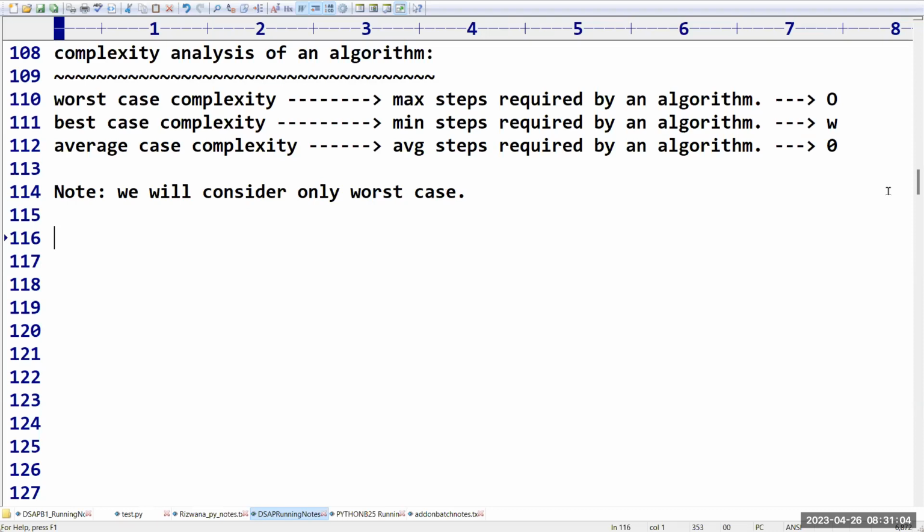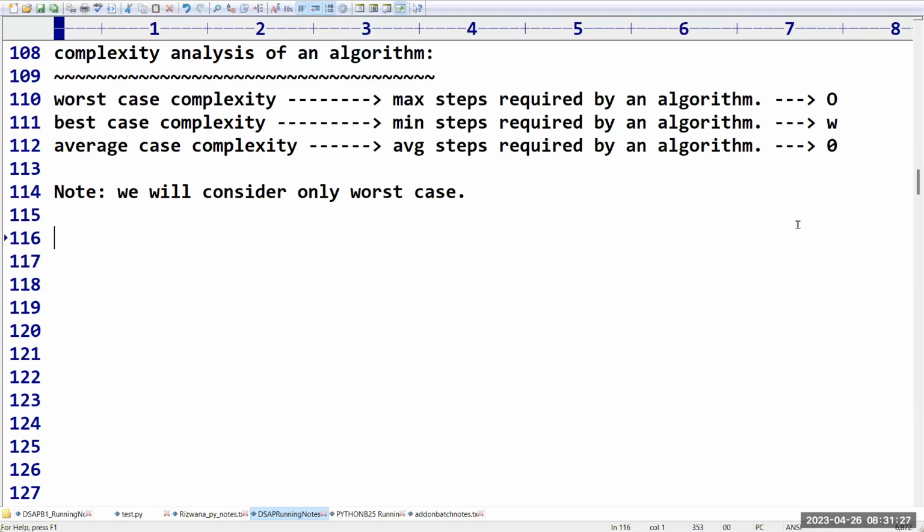For example, consider I want to get my salary every month, in between the 1st and the 10th. I ask the management when it will be credited in the worst case, meaning beyond that there is nothing. If they say by the 10th, worst case by the 10th means on or before the 10th. That means maximum steps.